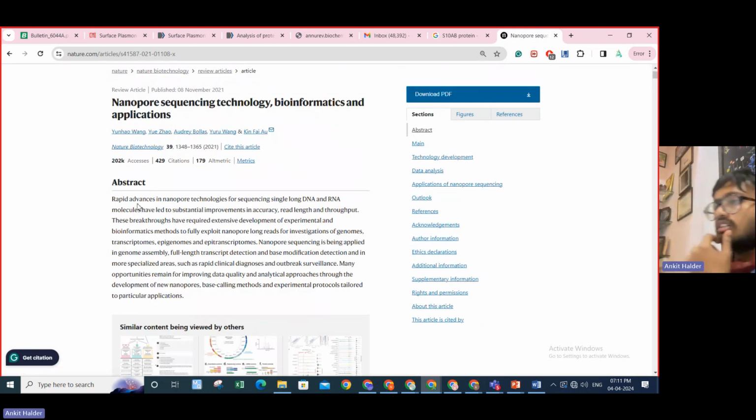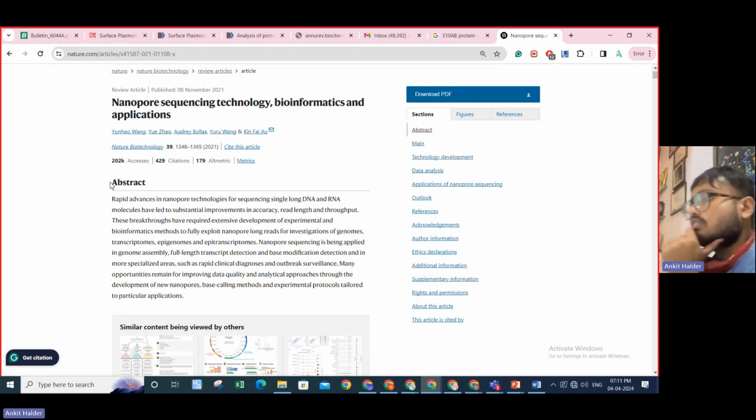This is our paper: nanopore sequencing technology, bioinformatics and applications.